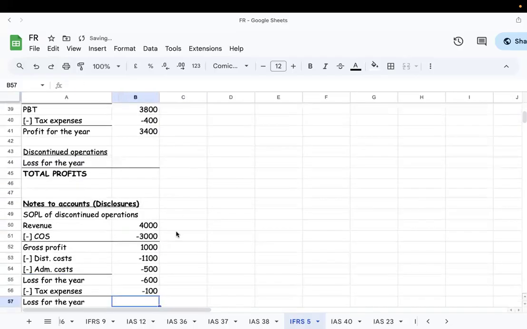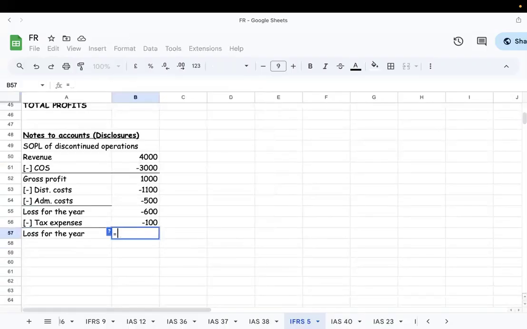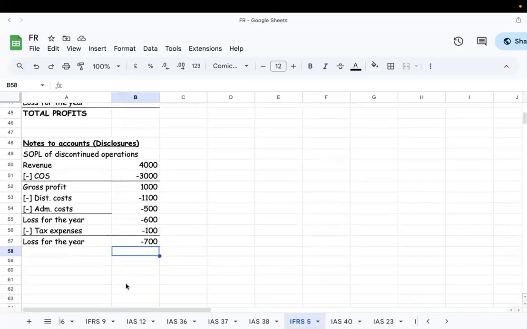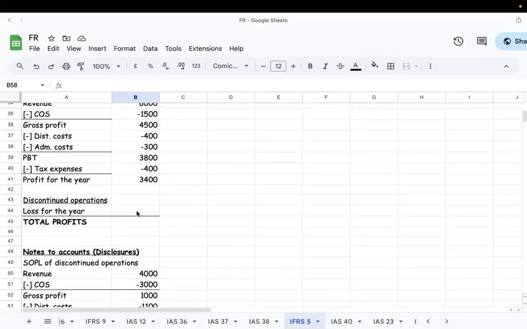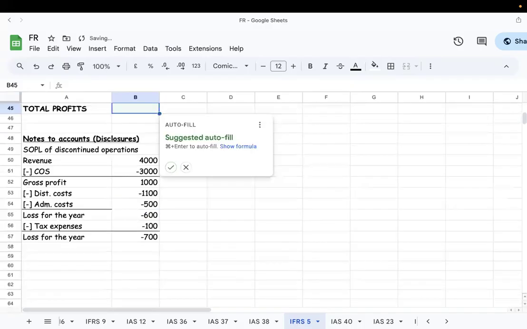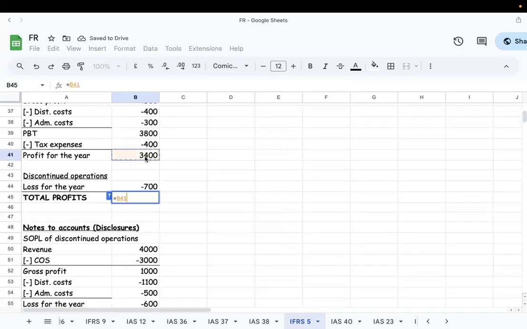And then this one plus this one is your loss for the year. Now you got the loss. The same loss, you're going to go upwards towards the profit for the year and you're going to show it there. And after that, you get the total profit.